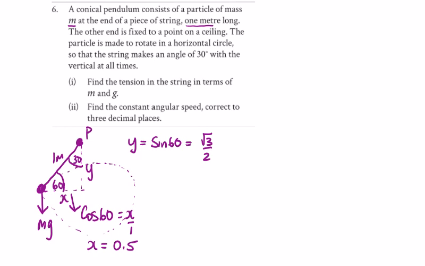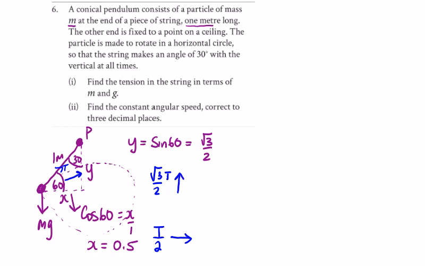In terms of T then, the tension in the string, we will have root 3 over 2 T in the opposite direction, and in the adjacent direction we'll have just T over 2 or 0.5T, whichever way you want to set it up. So that's my force going in that direction and in that direction.